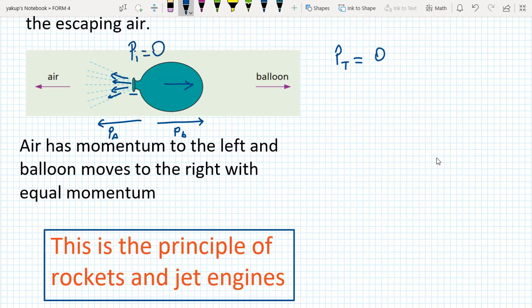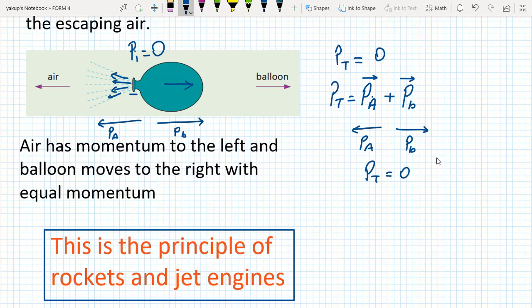Initial momentum was zero. The total momentum equals air momentum plus balloon momentum, and those are vector quantities. With the same magnitude but opposite direction, the total momentum is going to be zero.